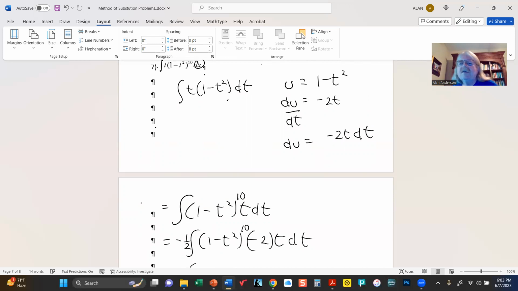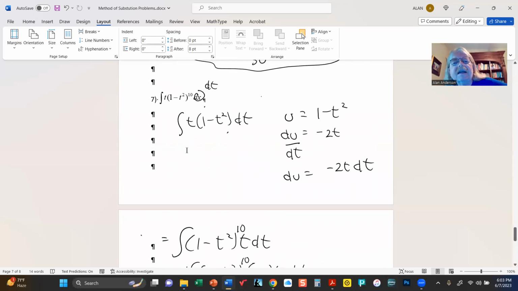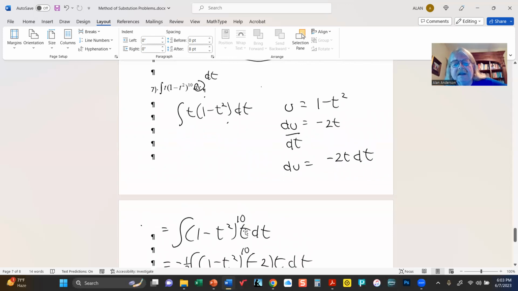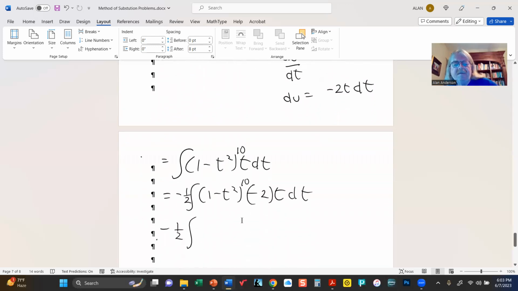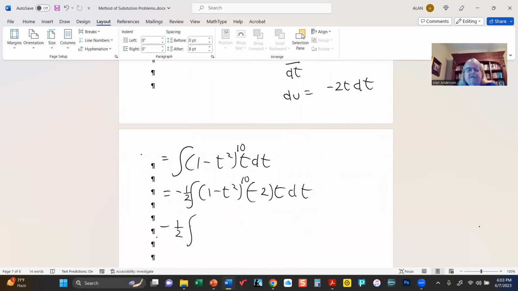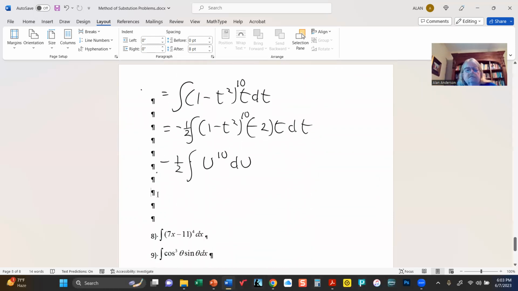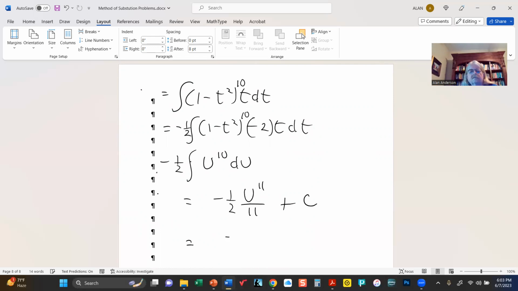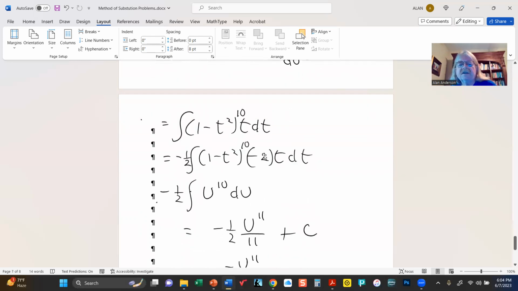That would have been bad. Yes, it's to the 10th power. I rewrote it here and I left out the exponent of 10. Sorry. Now we're good. So we're going to have u to the 10th du. And then, of course, u is 1 minus t squared.